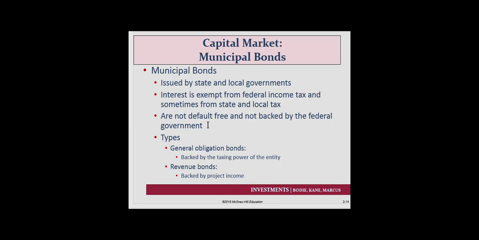So the obligation of payment is dependent on the type of bond that it is. A general obligation bond is backed by the taxing power of the entity. A revenue bond is backed by the project of which was created with this debt. So like a turnpike, right? The payment for the turnpike is ultimately paid for through the tolls of the turnpike.